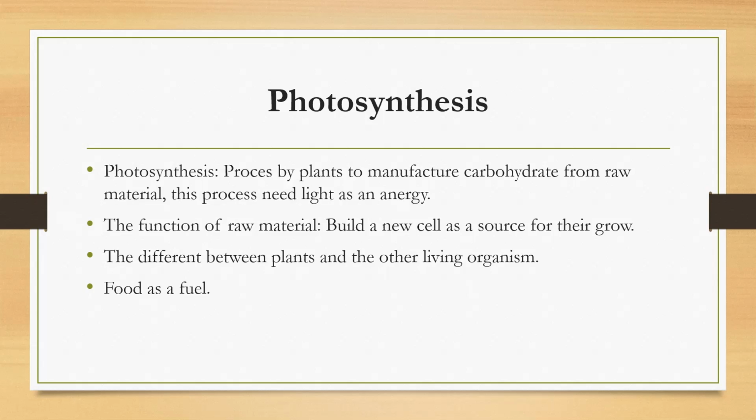Animals also have their process to get food, like hunting, and there are also animals who eat plants, or herbivores, and so on. So that's why plants are different from other living organisms.